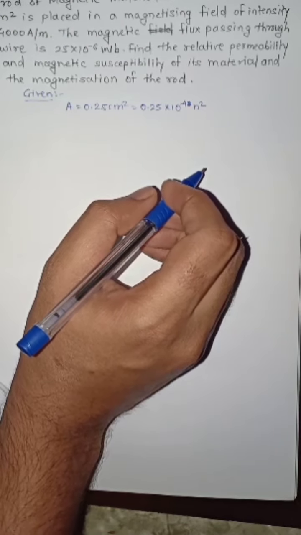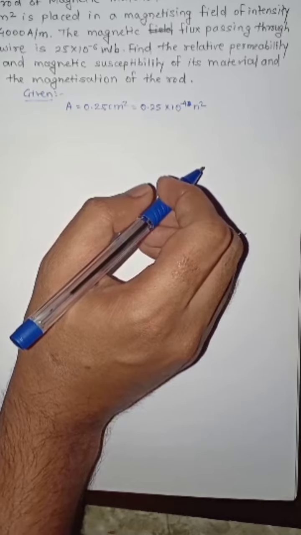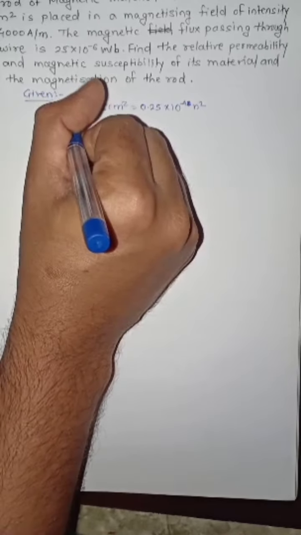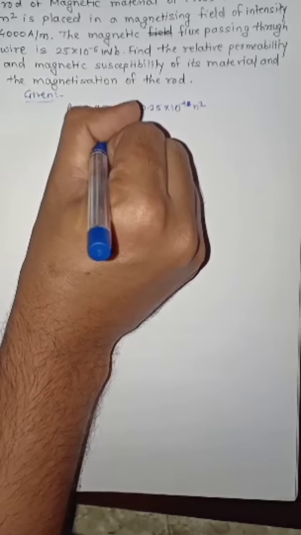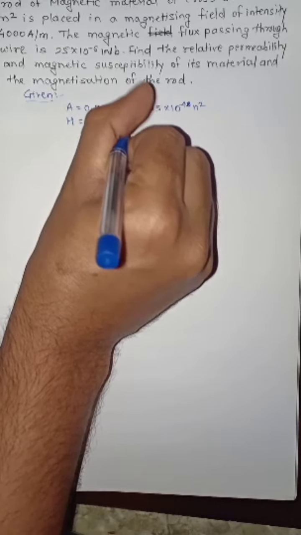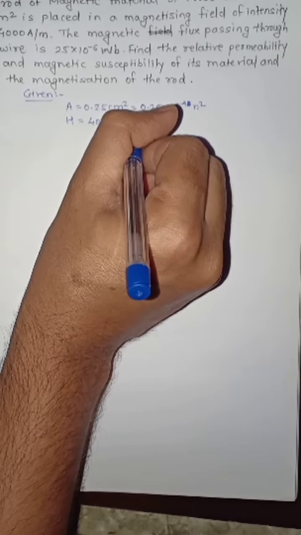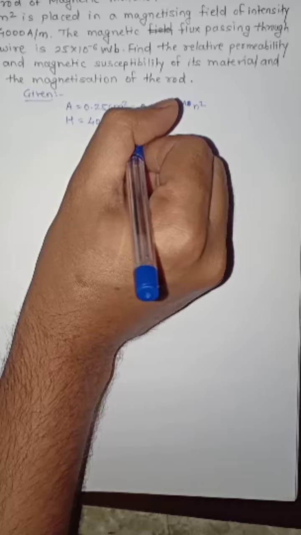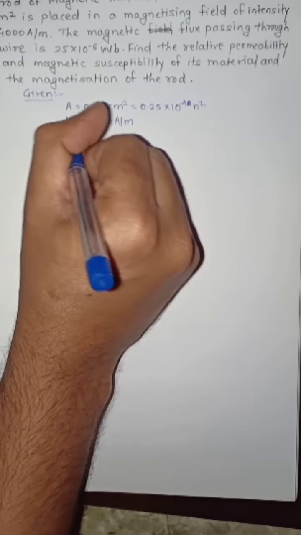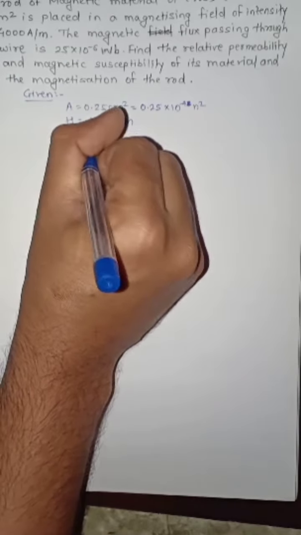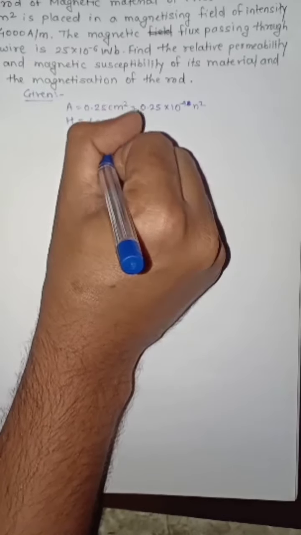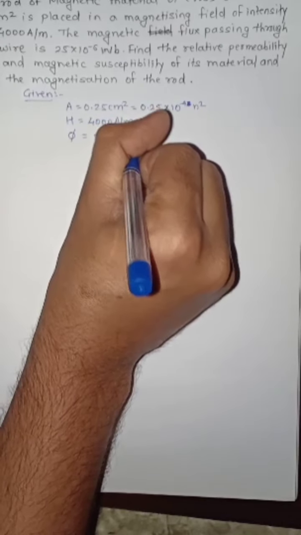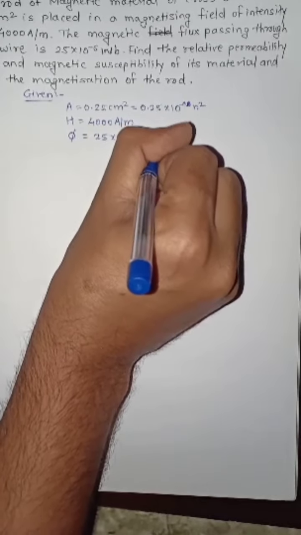Now magnetizing field of intensity, so this is our intensity which is H. So H is equal to 4000 ampere per meter. The magnetic flux passing through the rod is phi is equal to 25 into 10 raised to minus 6 Weber.